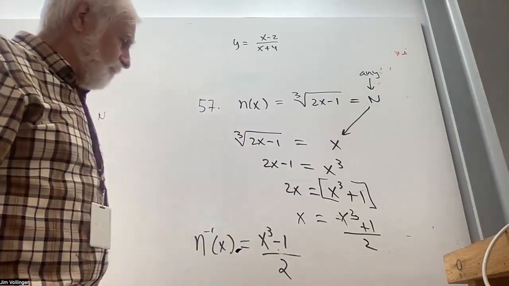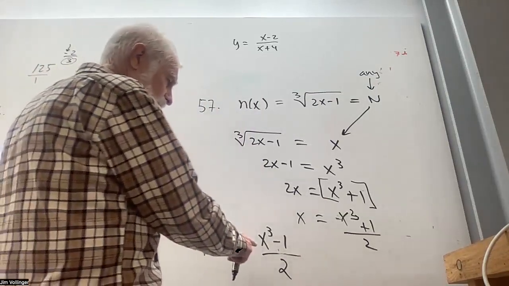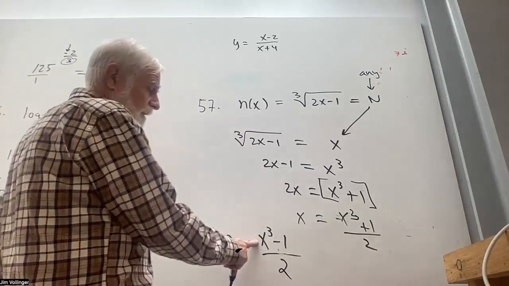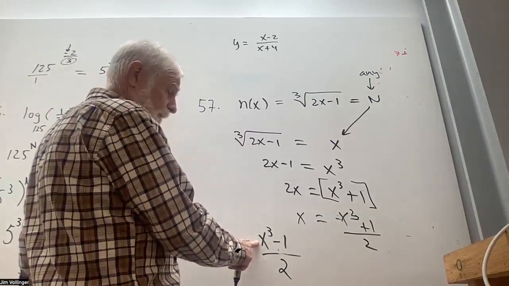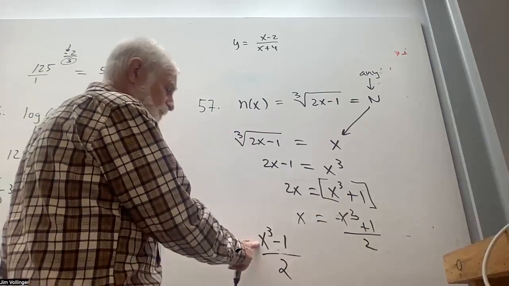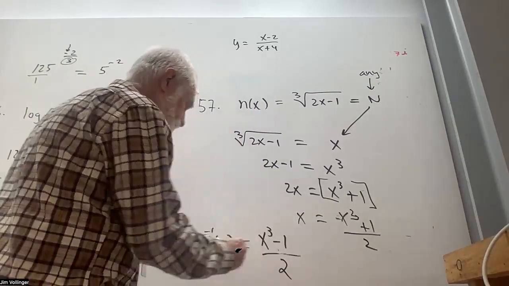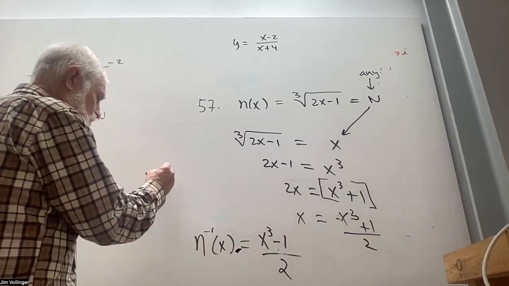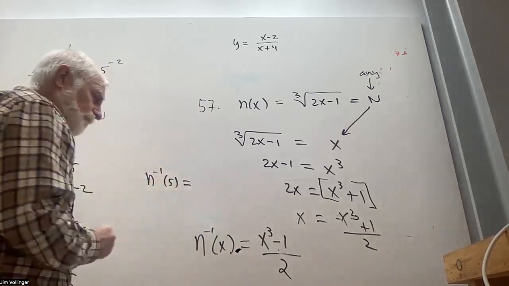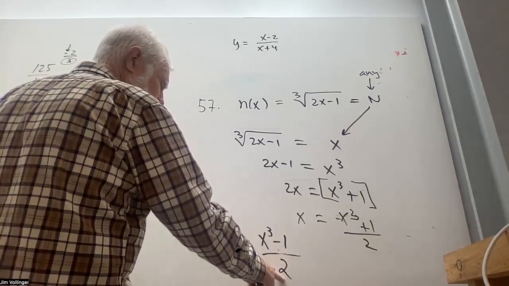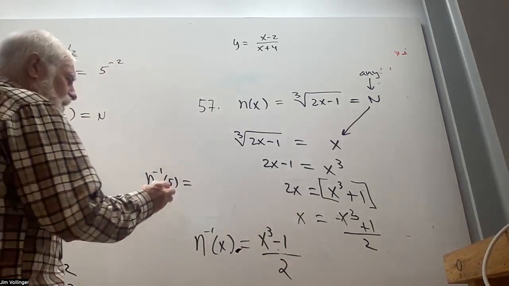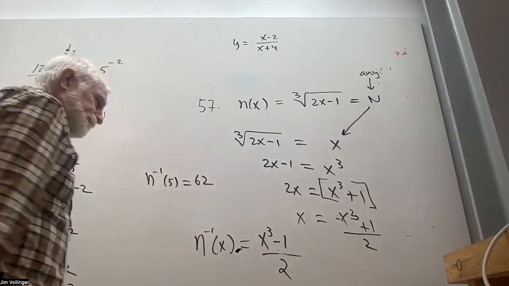So let's put a nice number in here. How about we look at something that will get us an even number? So let's look at 125, so 5 cubed. N minus 1 of 5 is going to give us 125 minus 1, 124 divided by 2. Brain work, I think that was 62.